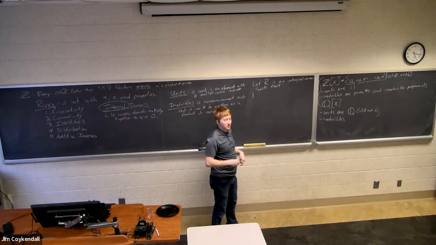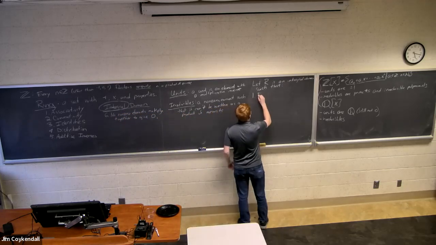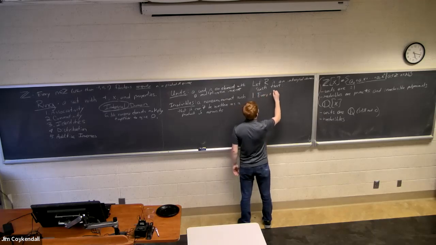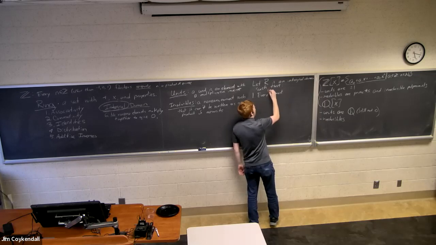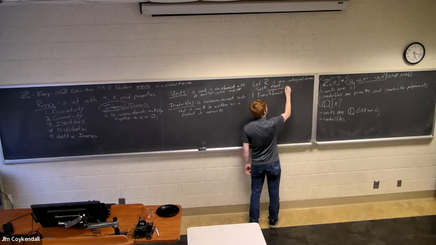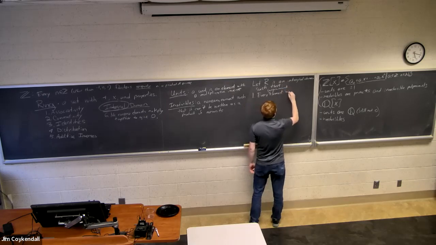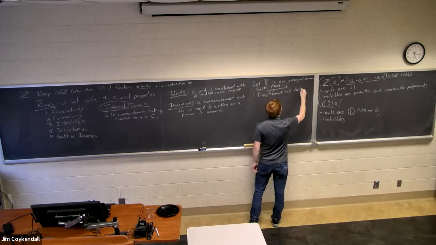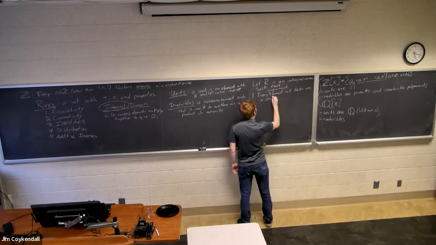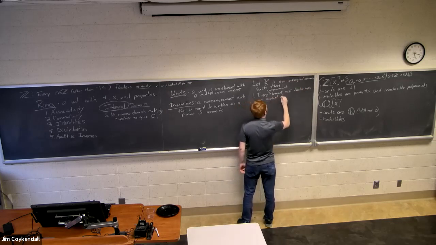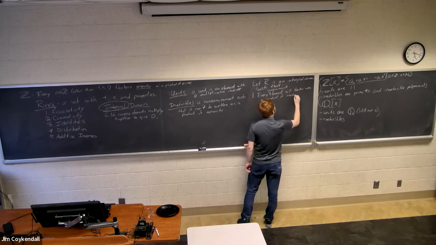So the first one is going to be every non-zero, non-unit element, that is, will factor into a product of irreducibles.